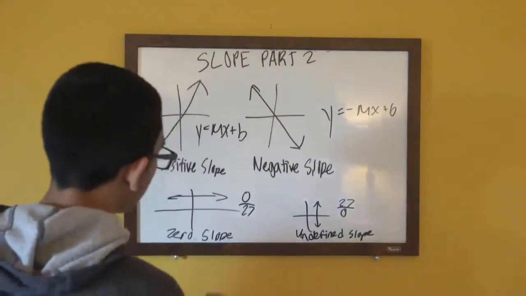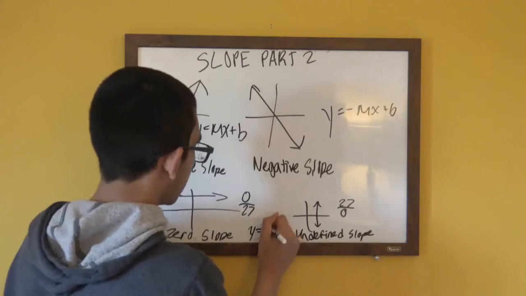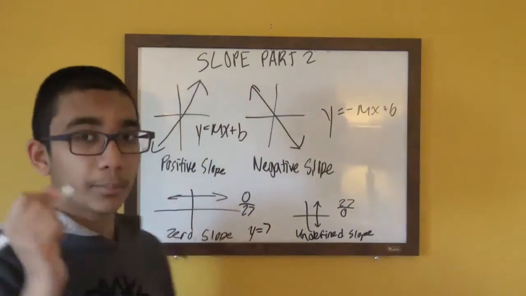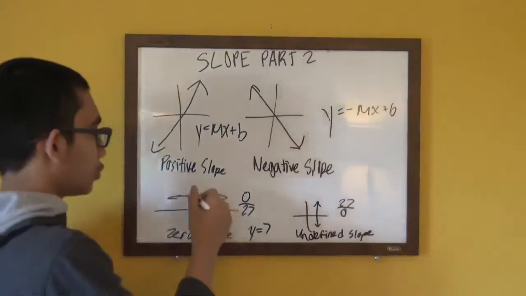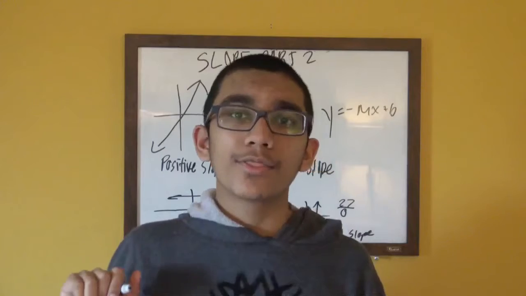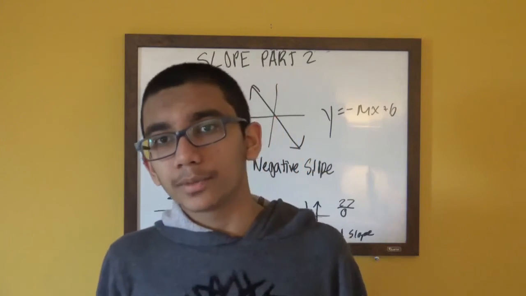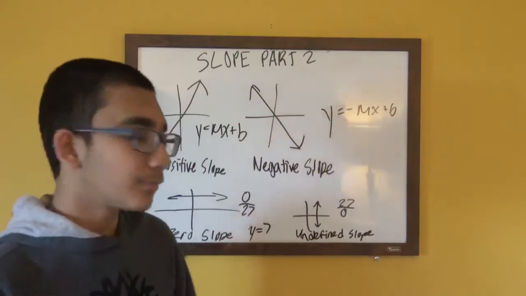So the way we write it is y equals a number, 7. If it was crossing through the point 0, 7 only, and y is always 7, then it's a zero slope. That's just how you write it, y equals 7.